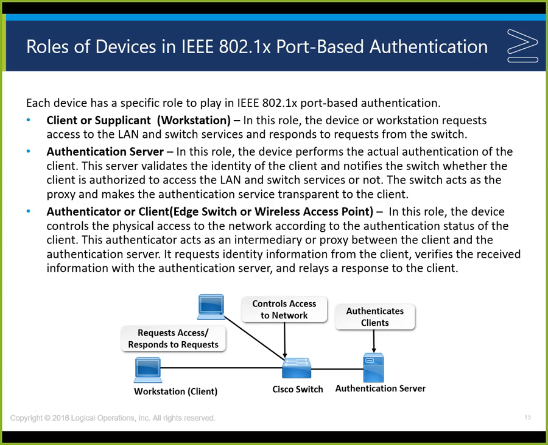Supplicant is really the proper term for the device that's trying to get authenticated. It's the one that we would normally call a client, but in this case it's going to be called the supplicant. The workstation, the computer, the laptop, the whatever that's trying to get authenticated to the device. Now, we're not authenticating the user onto the network to where they can use the particular printer, get to certain directories and those sorts of things.